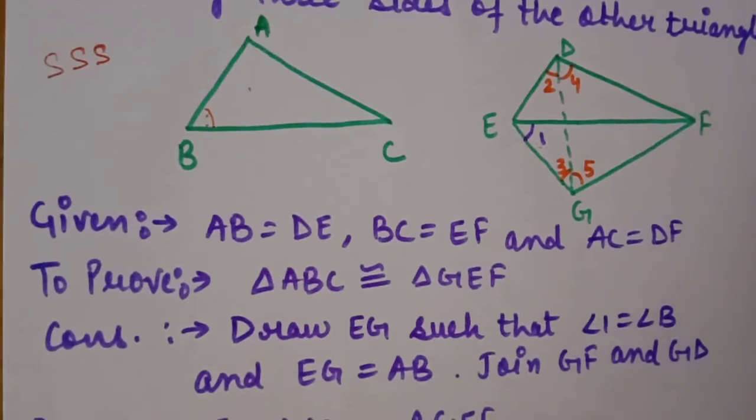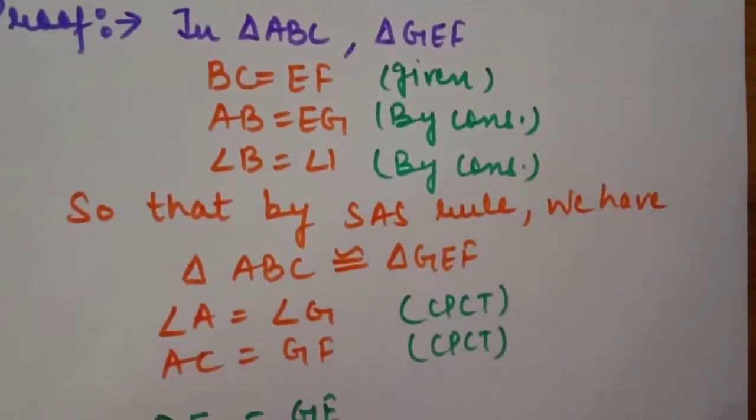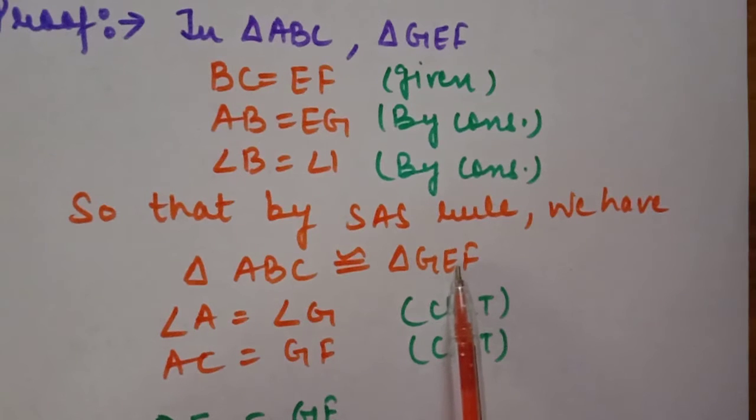So they are congruent by SAS rule. Pay attention here. BC is equal to EF given, AB is equal to EG by construction, angle B, angle 1 are equal to each other by construction. So by SAS rule both the triangles are congruent. Now we have to take something as CPCT.